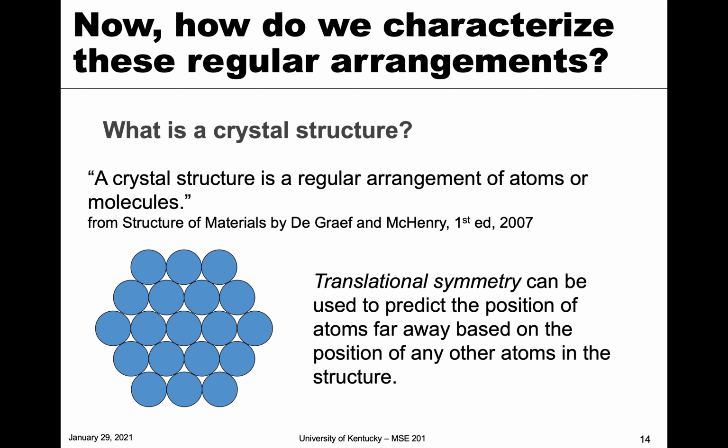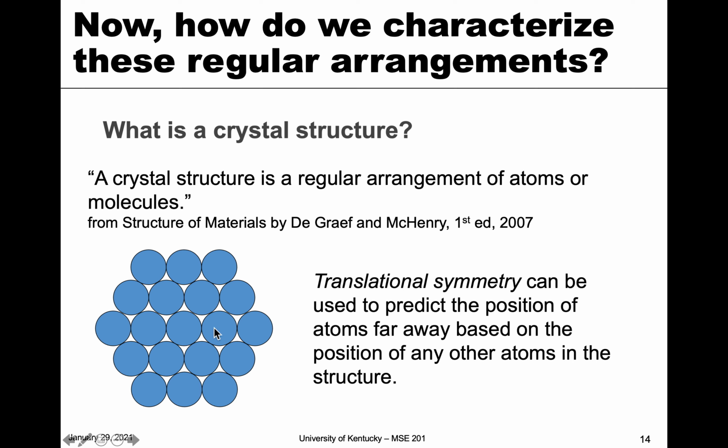If it's regular, then we can predict the positions of atoms based on the positions of others. And we can do that, in this case, by what we call translational symmetry. So basically, moving in the X, Y, or Z directions, we can predict where the next one would be, right?